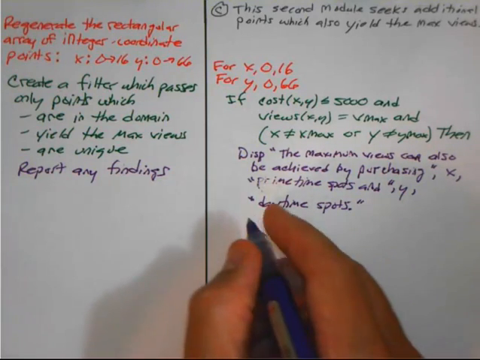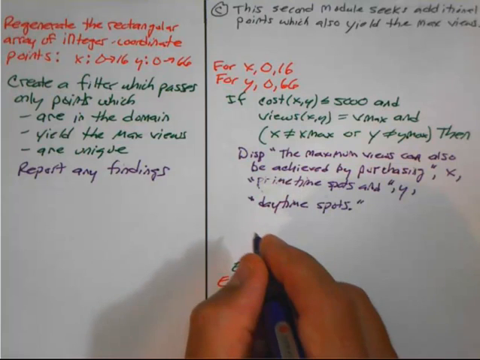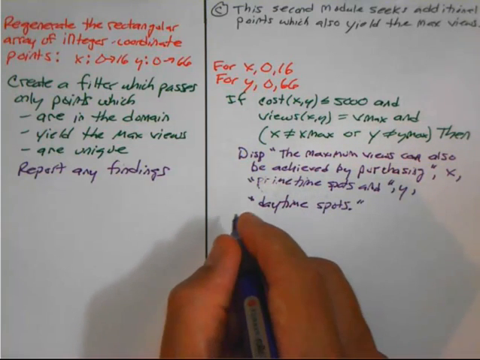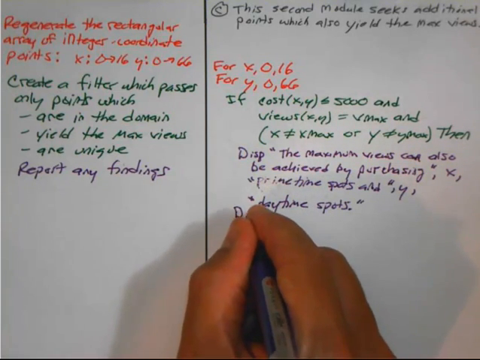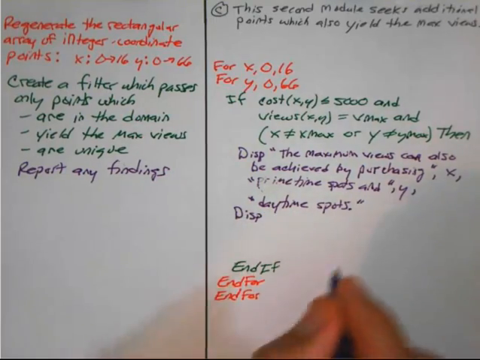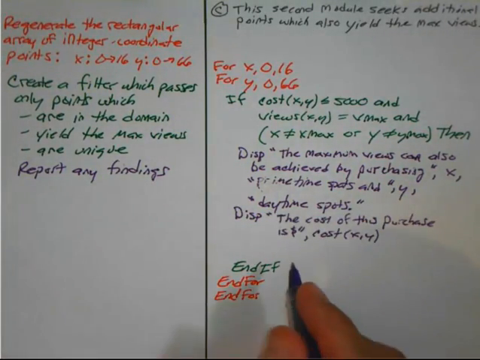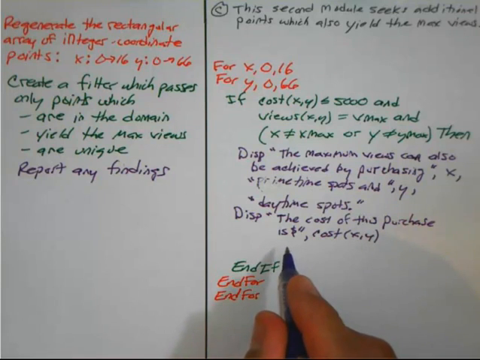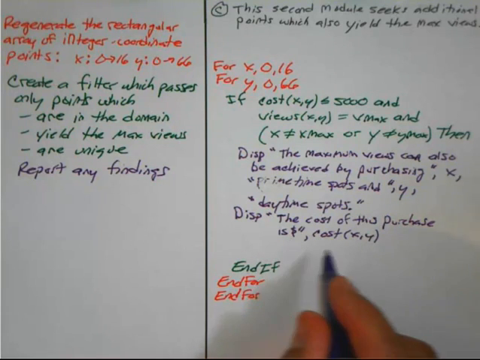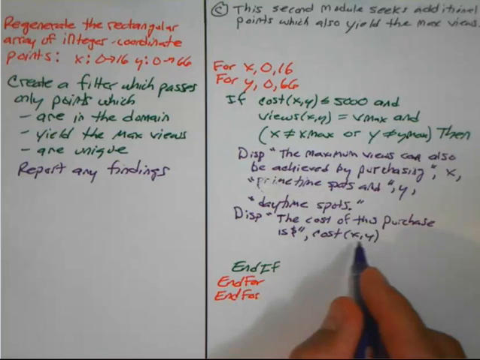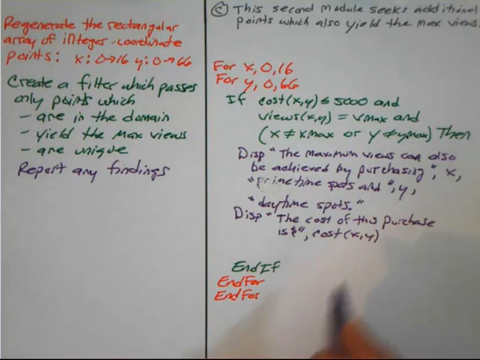Something else we may wish to do, and another sentence might be to describe the cost associated with this purchase. So yet another display statement. May wish to display the cost of this purchase is, even a dollar symbol there, and then evaluate that cost function at xy.